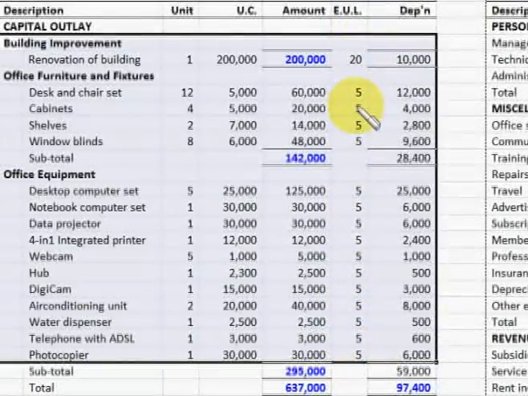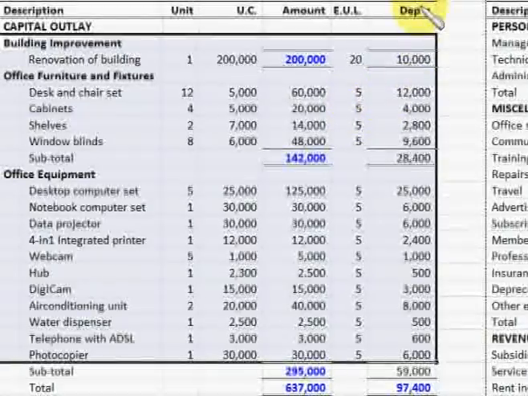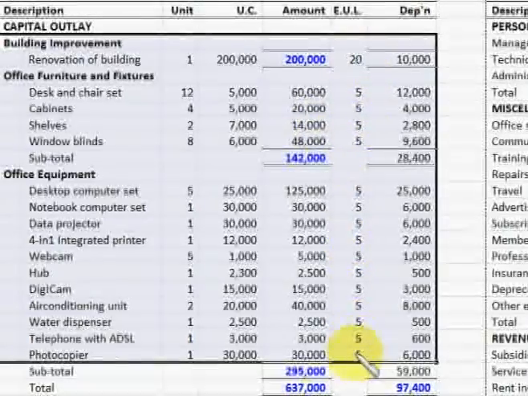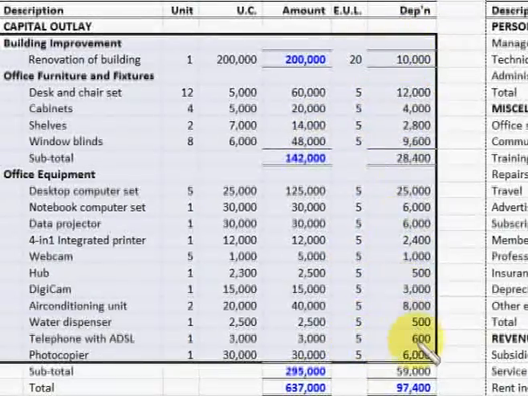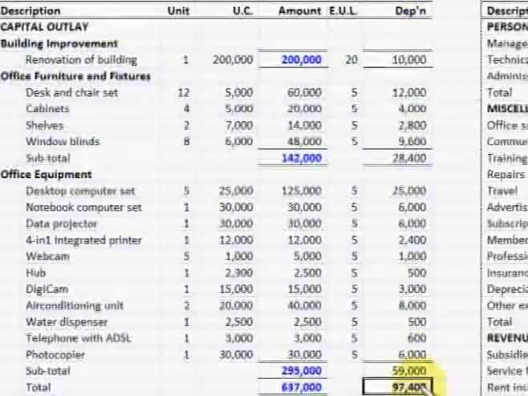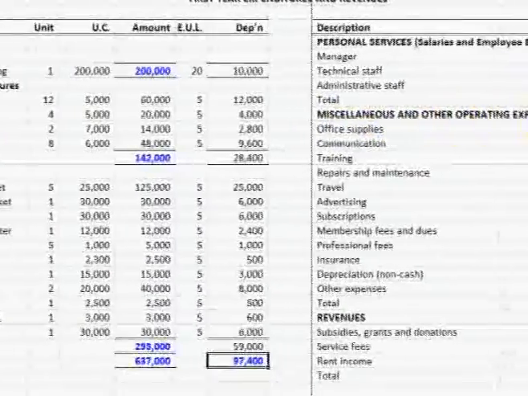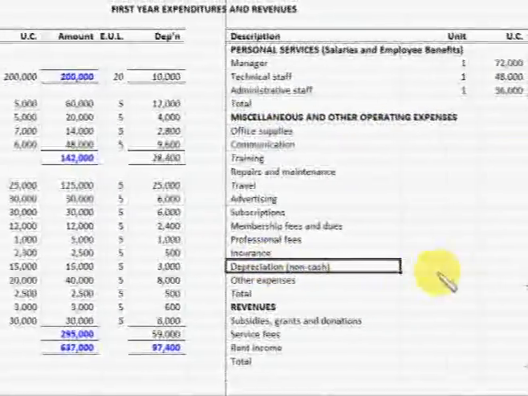In order for us to get the depreciation for a period of 1 year, we simply divide the cost by the estimated useful life, and we get the depreciation for 1 year. The total depreciation that we derive here is forwarded in the miscellaneous and other operating expenses under this account title, depreciation.